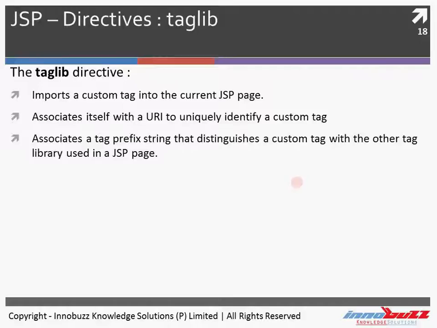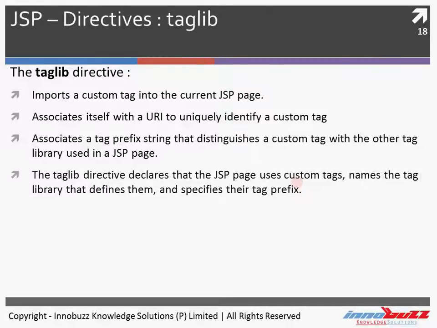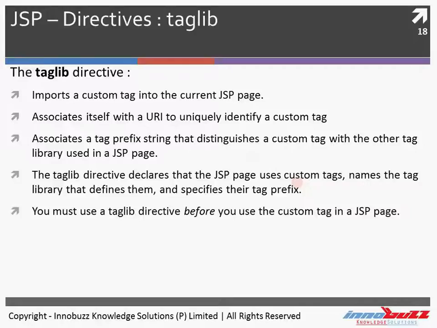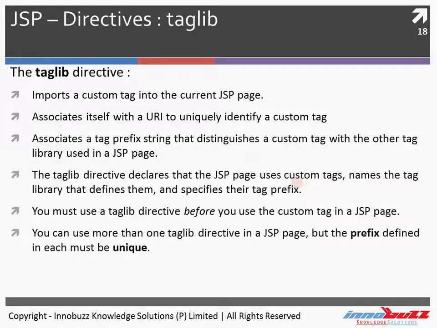It associates a tag prefix. It means we can give any name to the tag. As it is a custom tag, you can give any name for the tag to be prefixed. And a taglib directive declares that the JSP page uses custom tags. So you must also use the taglib directive before you use the custom tag.